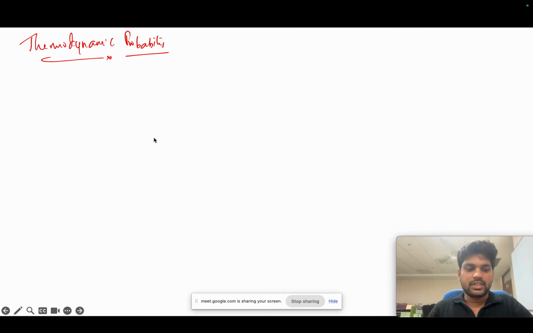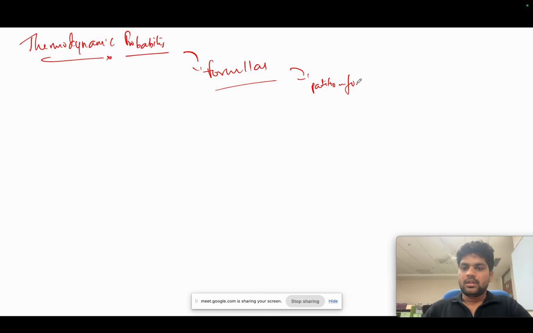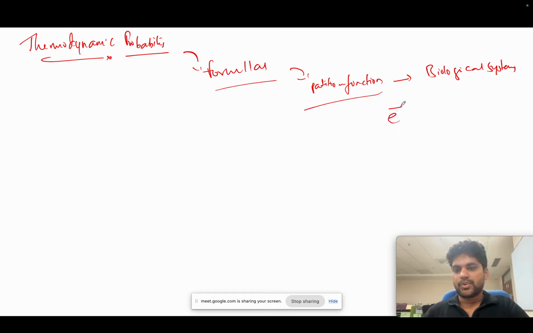So in thermodynamic probability, I'm just going to give the brief theory, because you need to remember this theory: the thermodynamic potential and the partition function and all those things. In the future, if you are studying any biological systems, everything starts from the formula e power minus E by kT divided by the sigma of e power minus E by kT.